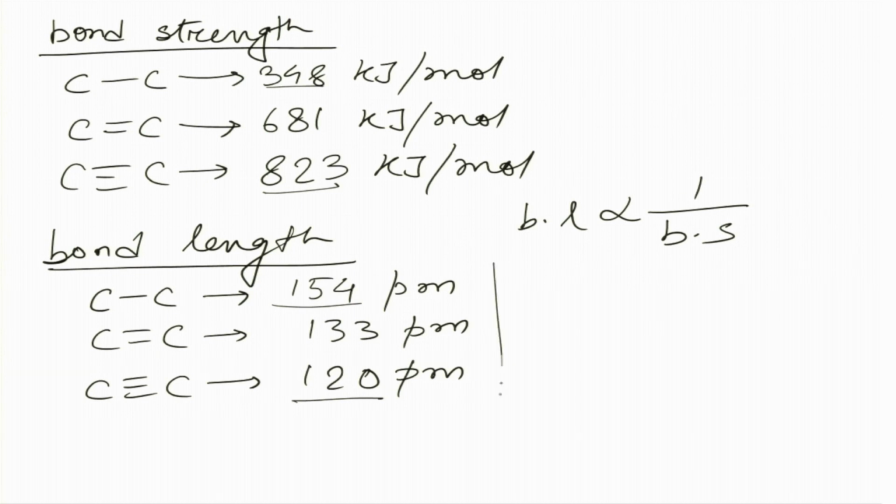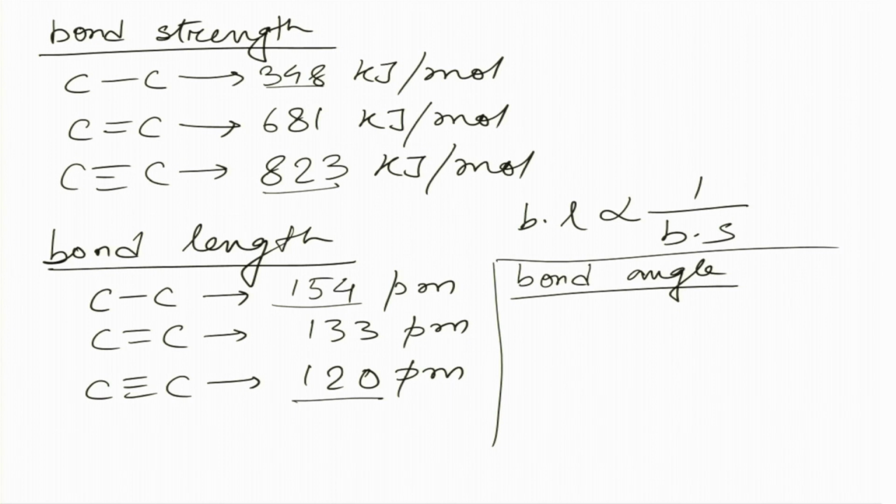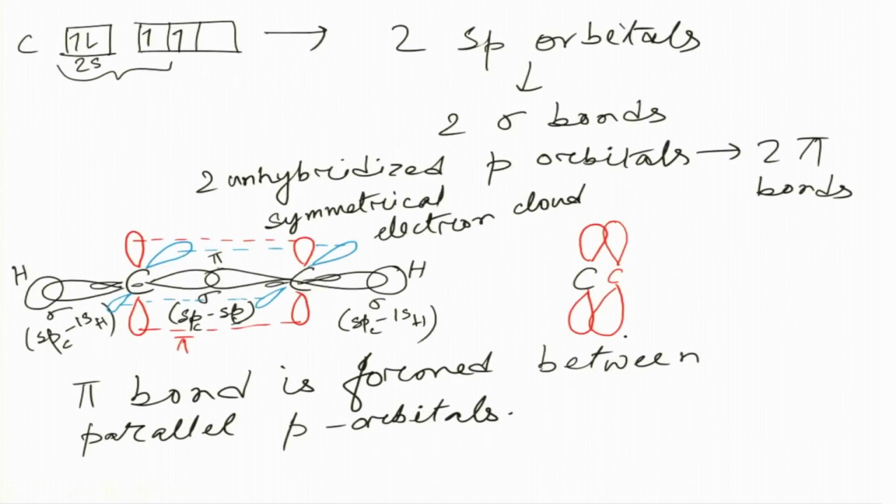Now, bond angle. Okay. So, for alkanes, we will talk about the HCC bond angle. HCC means this one hydrogen, one carbon, the next carbon. We will compare this bond angle.